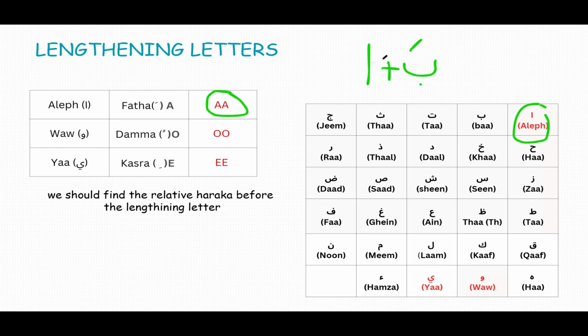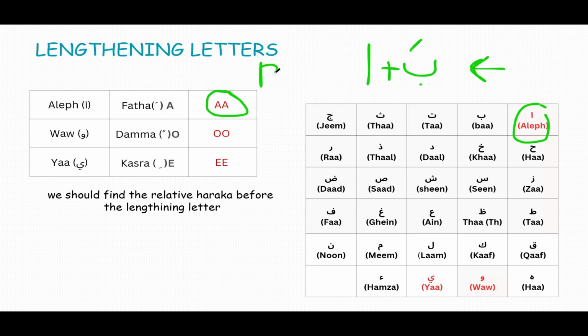You will see them connected, but we will talk about the connection of the letters later, inshallah. This is ba plus fatha. We read from right to left, so we start with ba. Ba plus fatha, a short one.